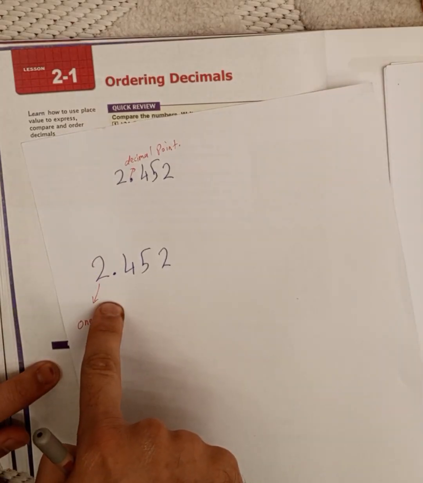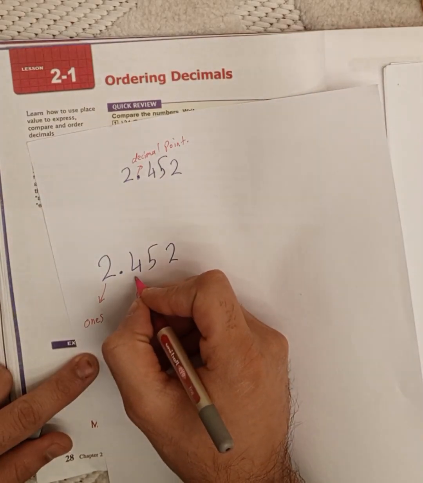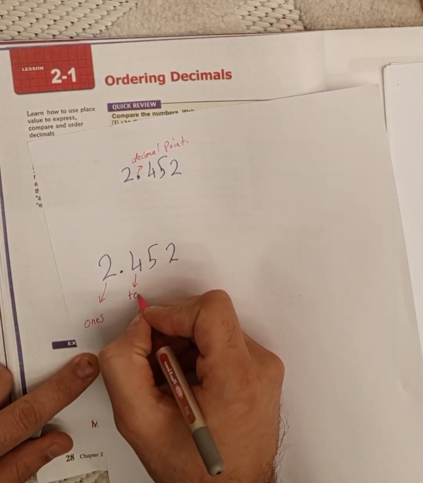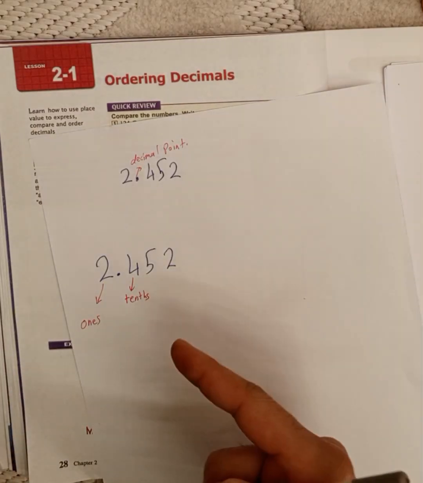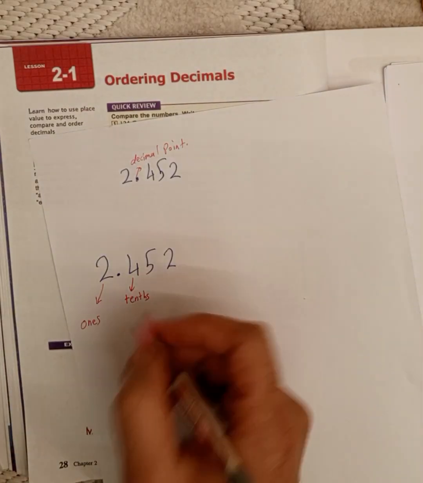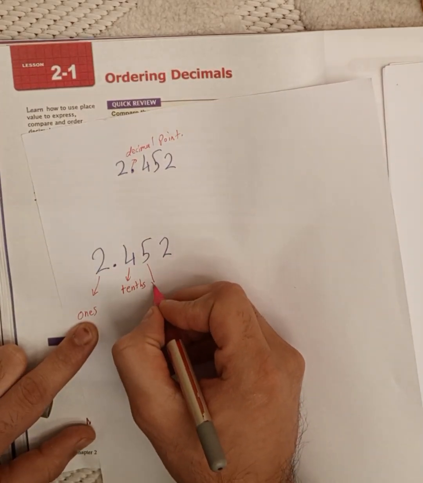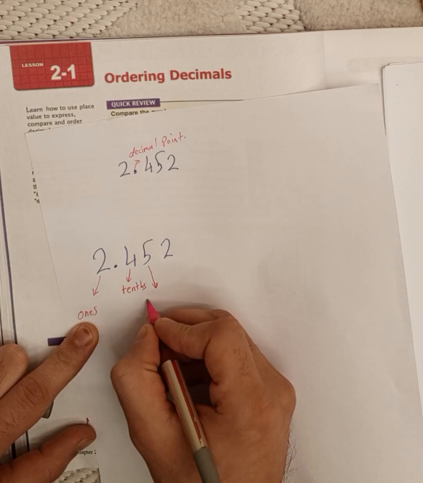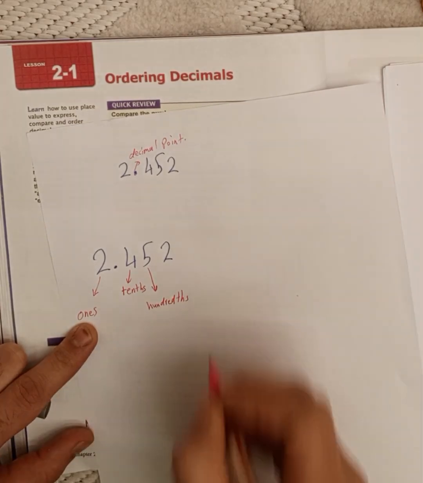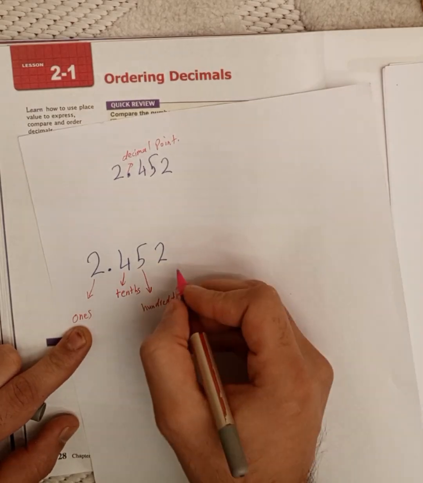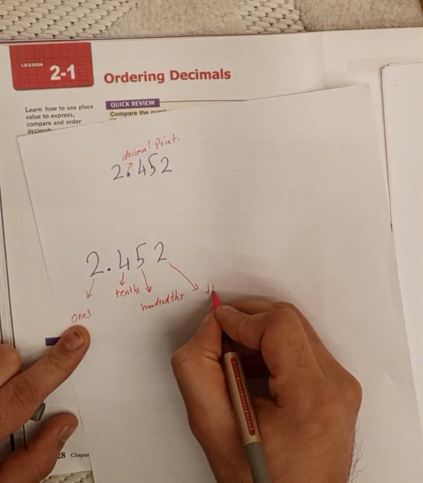The first digit after the decimal point on the right-hand side is called tenths. Do not forget to write the THS, because this one is a decimal. The second digit is called hundredths. The third digit is called thousandths.